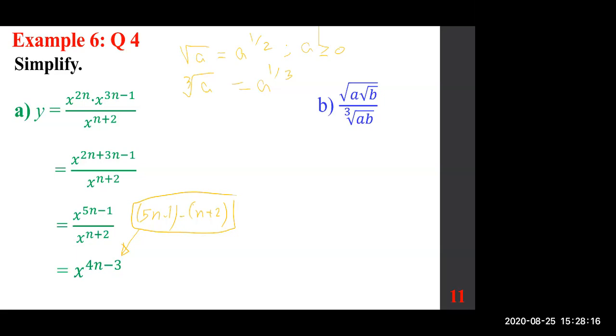So now this square root of b itself can be replaced with b to the power of 1/2. So when a comes out, it becomes a to the power of 1/2, but when b comes out, it is b to the power of 1/2 and then times 1/2, which is b to the power of 1/4.